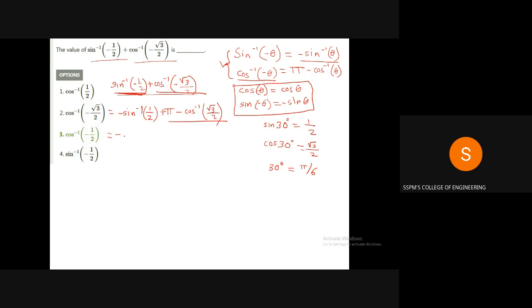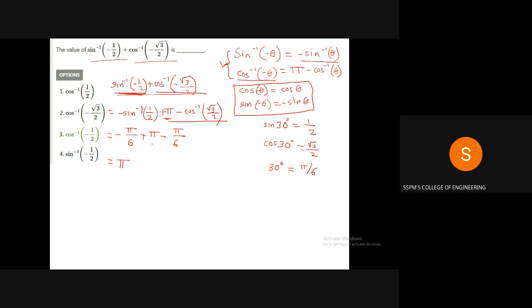So here we can write minus sine inverse half is equal to minus pi by 6, plus pi minus cos inverse root 3 by 2, which is again pi by 6.